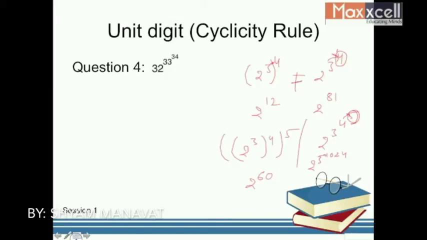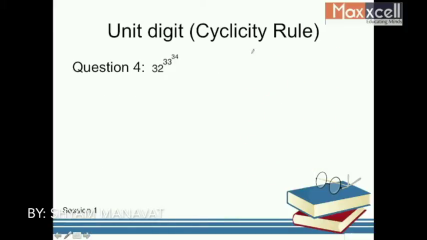For example, if 33 to the power 34 becomes some big number, let's say k, then we need to see the cycle of 2 when the power is k. This is what the question is all about.